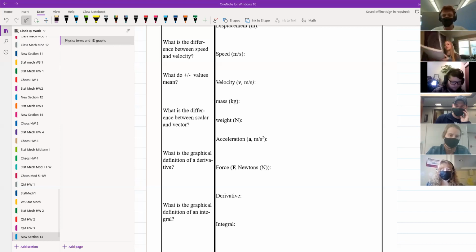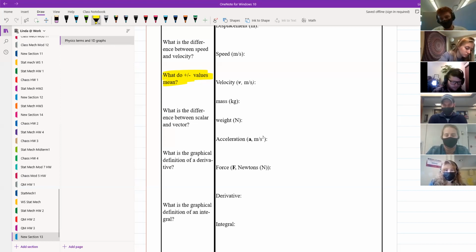this term. One of the most critical pieces that you will see, and it's the question I asked on the handout, from watching the video lecture, can anybody give me an explanation on what a positive and negative mean as far as vectors go?